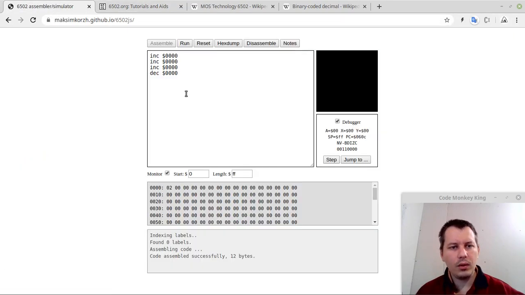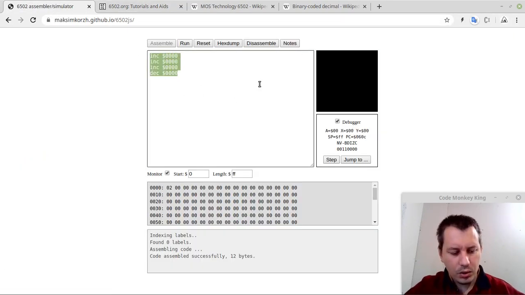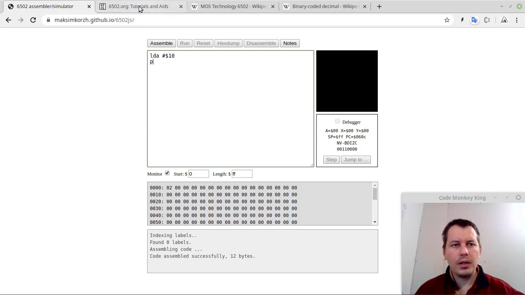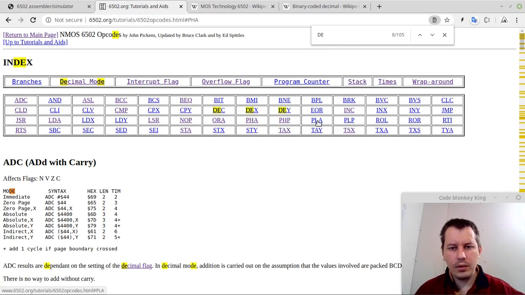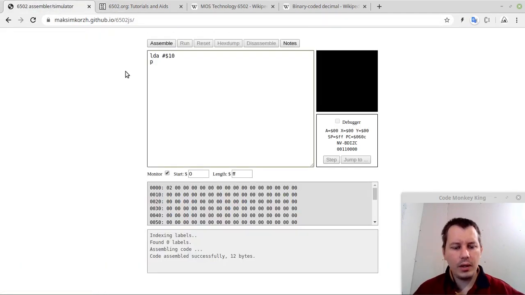So let's quickly check this out. So let's say load the value of 10 to the A register, then, oh my god, I forgot this, PHA. All right, so PHA, push into stack. Now let's say LDA back to 0.